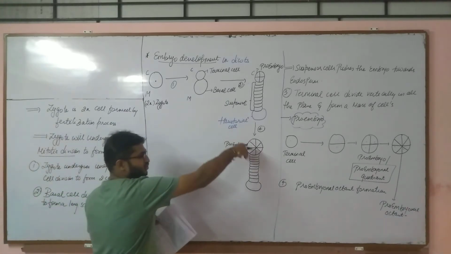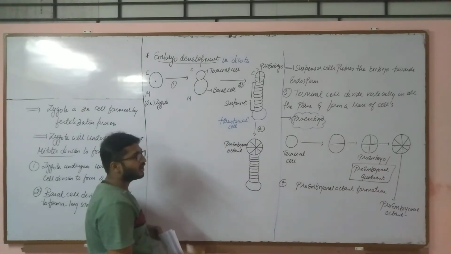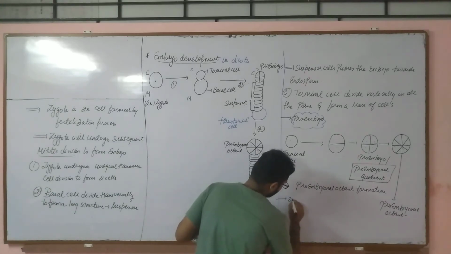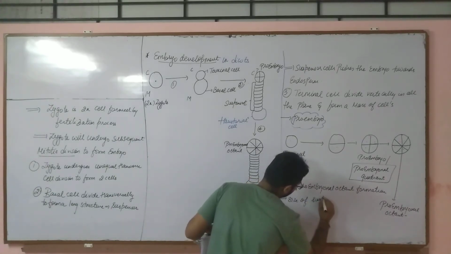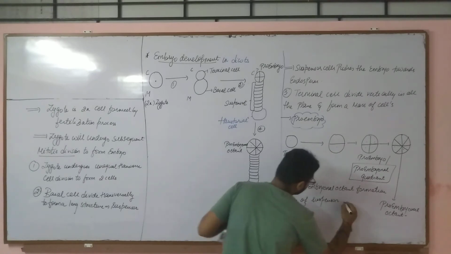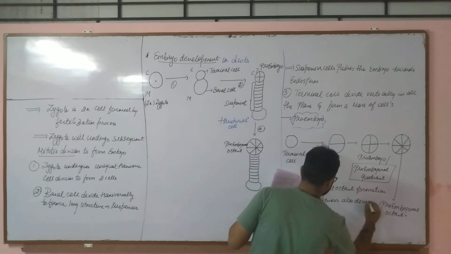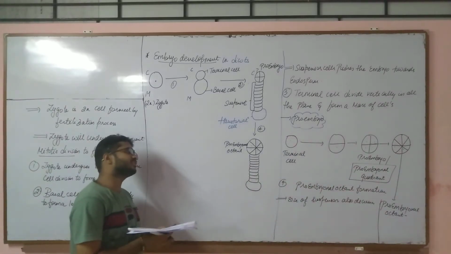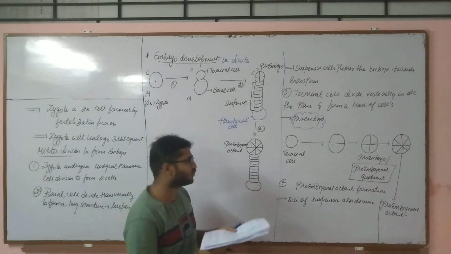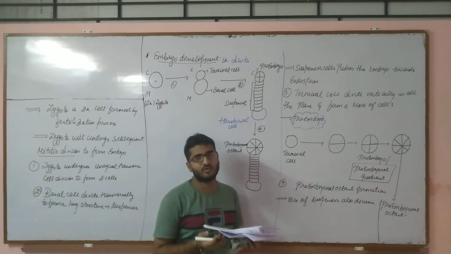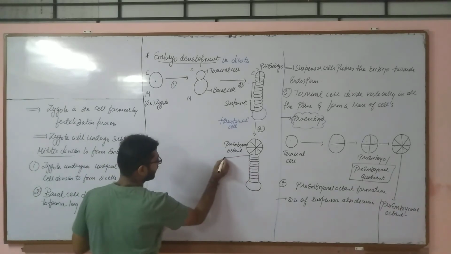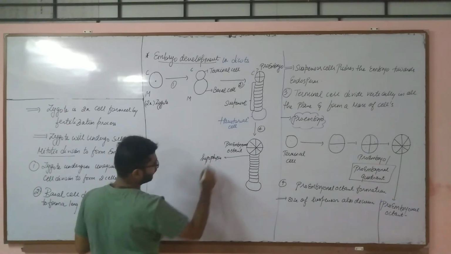Comparatively, when this structure comes onto the suspensor, the size of the suspensor also decreases. One cell of the suspensor which is in contact with the pro-embryo will act as the hypophysis. So this cell will act as the hypophysis.